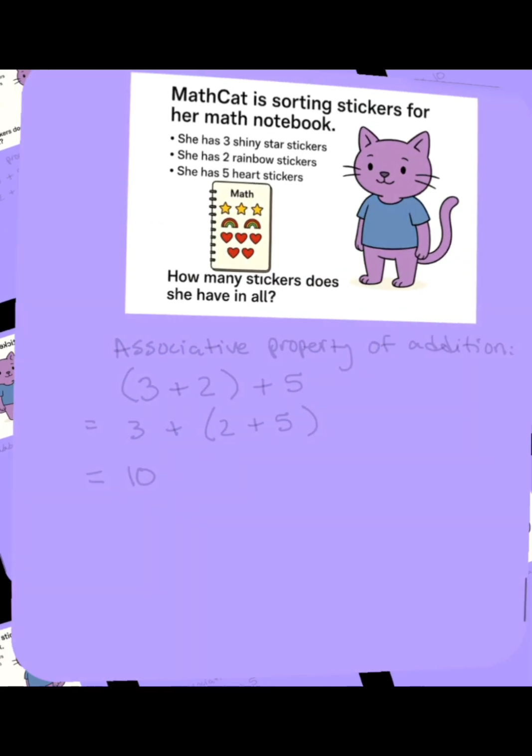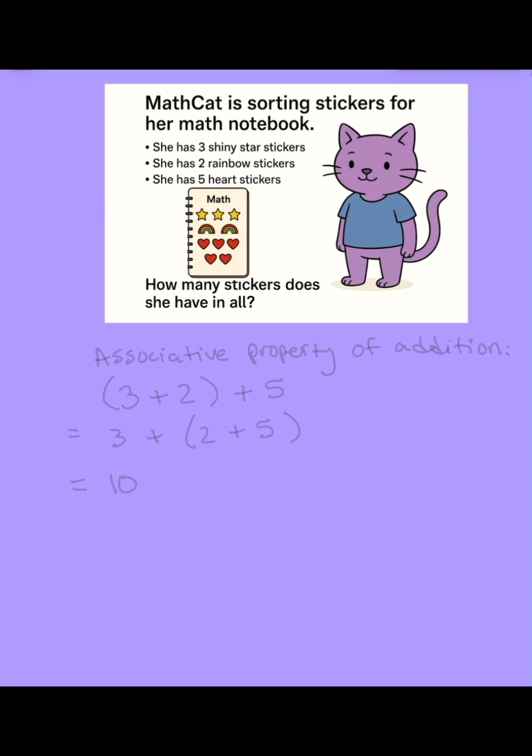Let's look at this problem. MathCat is sorting stickers for her math notebook. She has 3 shiny star stickers, 2 rainbow stickers, and 5 heart stickers. How many stickers does she have in all? This one shows the associative property of addition.